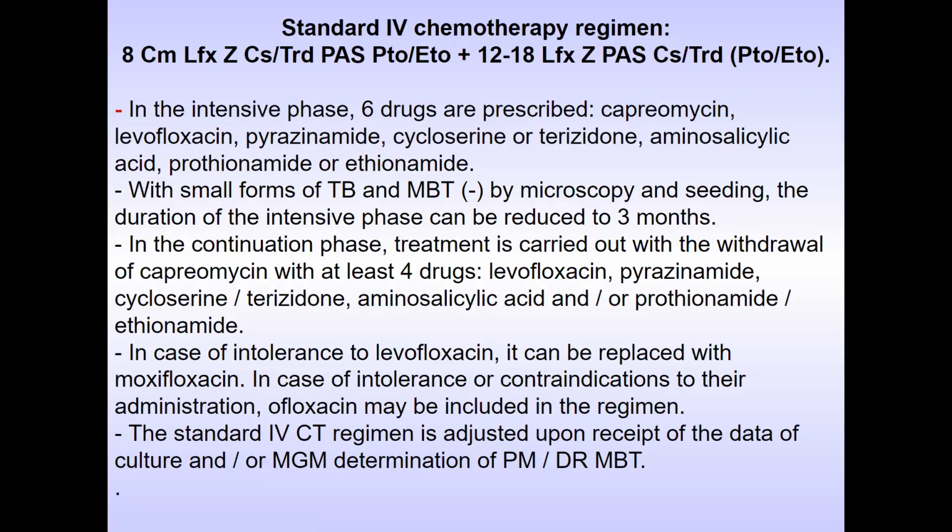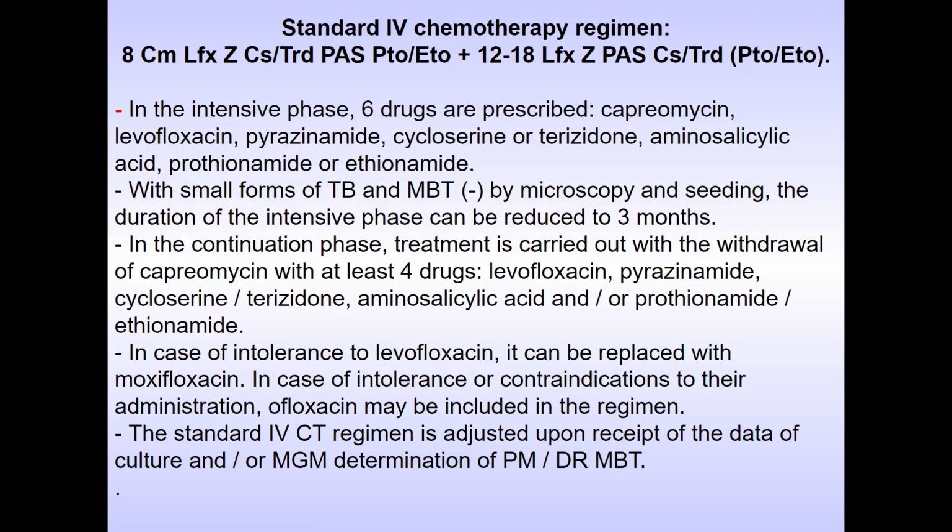Standard chemotherapy regimen. You can see this picture. In the intensive phase, 6 drugs are prescribed, with smear-positive forms by microscopy and culture. The duration of the intensive phase can be reduced to 2 to 3 months.